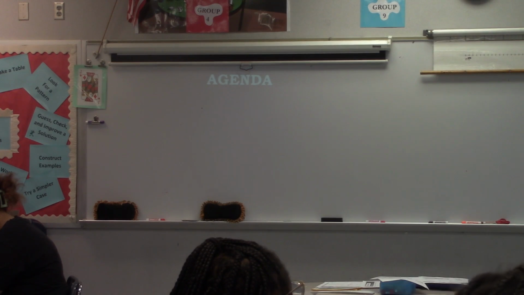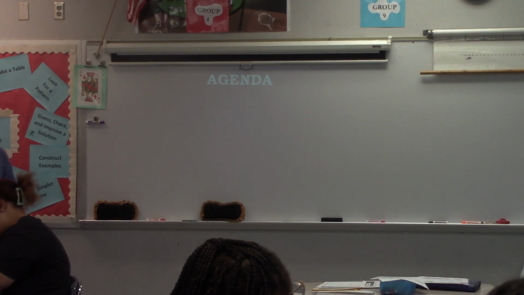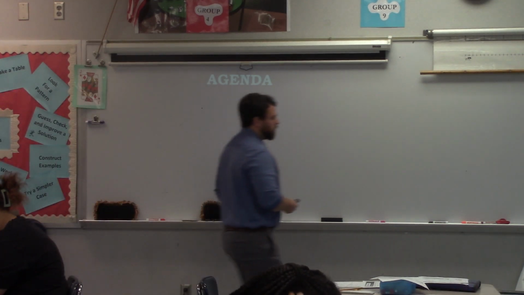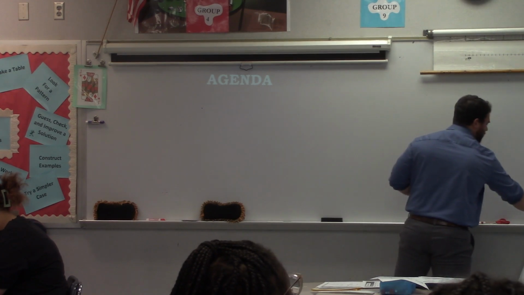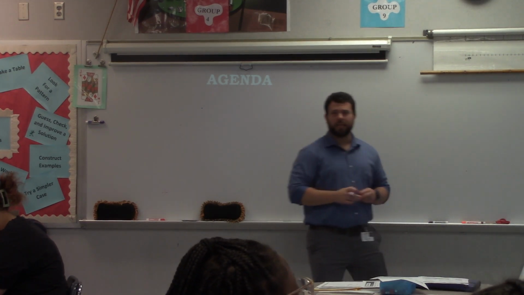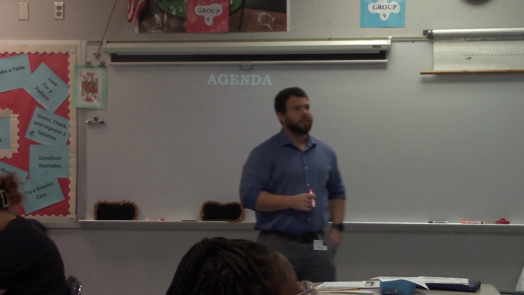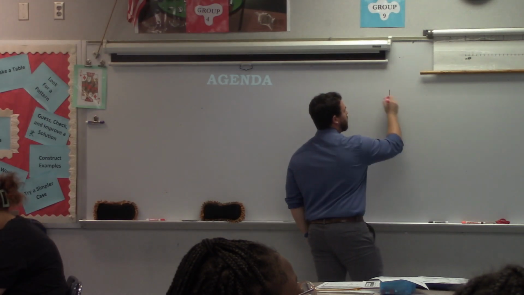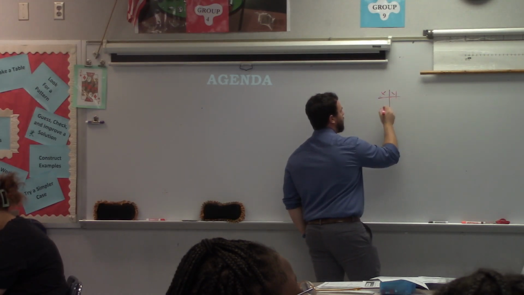Alright, how do you know if it's linear, exponential, or quadratic when looking at a table? Anyone have a strategy? There are two major strategies I can think of. Does anyone remember any of those strategies?